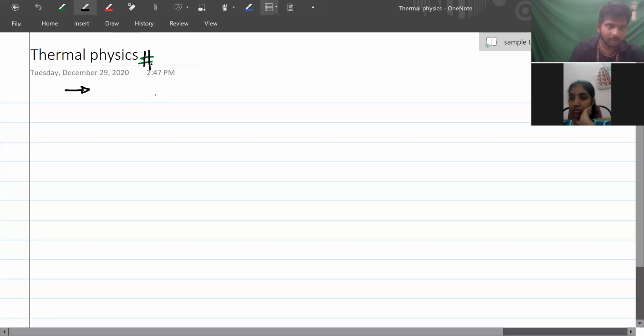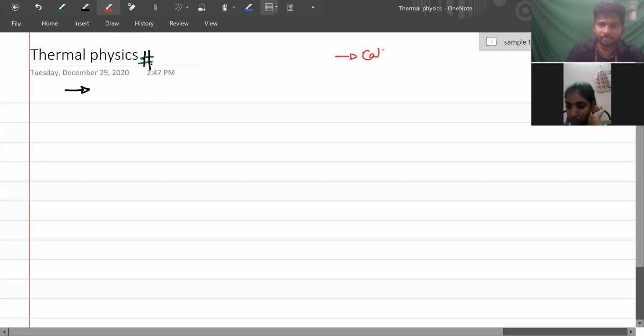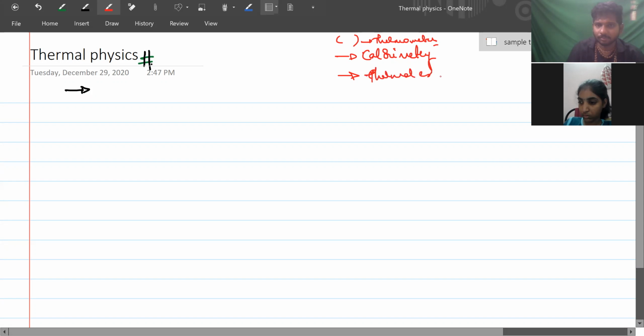Now in thermal physics, we'll study different topics. First the initial introduction to heat, then thermometers and the thermometer principle, calorimetry, then thermal expansion, KTG, and transfer of heat, that is how heat is transferred: radiation, convection, conduction, different types of heat transfer.